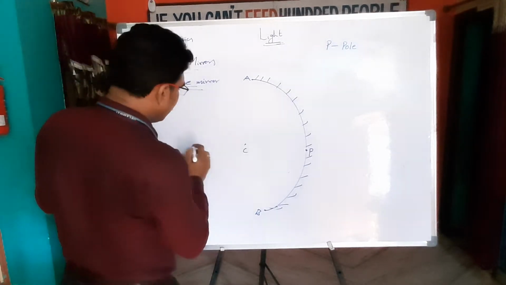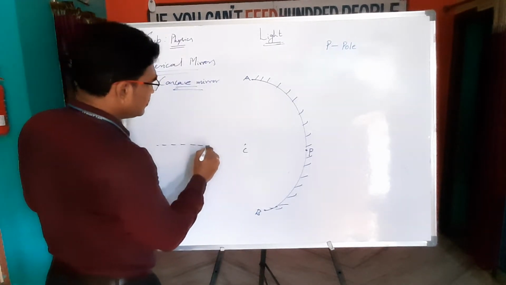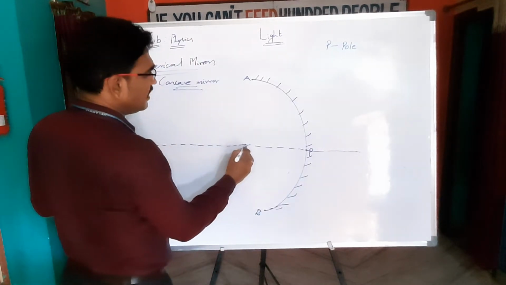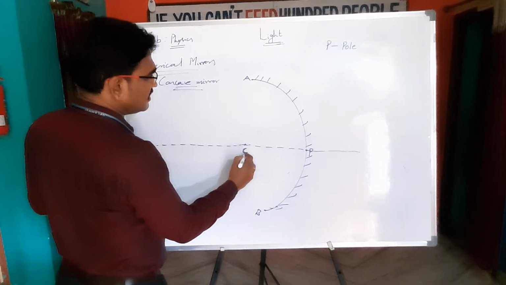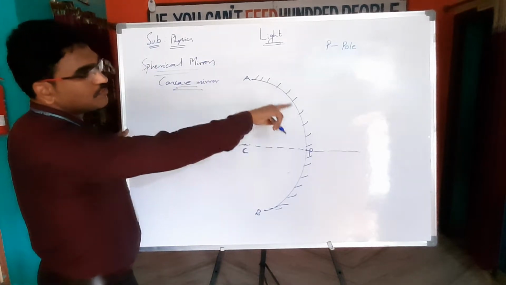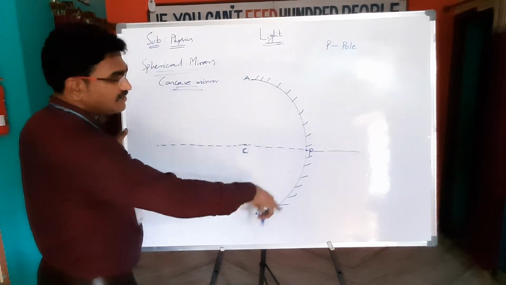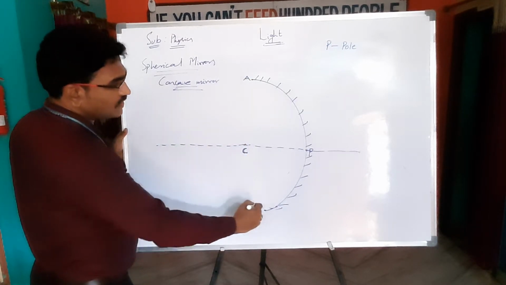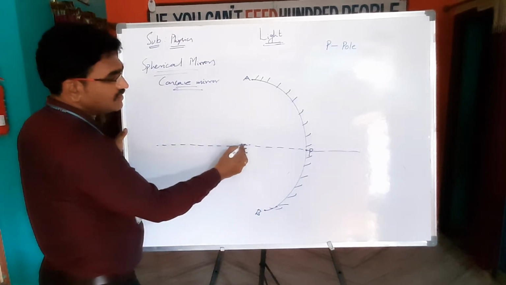Now I have taken an imaginary line which is joining C and P. Already at the beginning I told you, C is the center of the sphere of which the spherical mirror is a part. When we extend this one, this is a sphere, and for that sphere, this is the center.